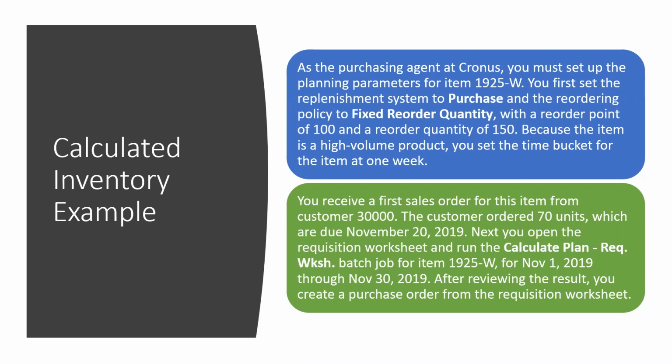One for this week, a second one for the second week, another purchase order for the third week, and so on. So time bucket is one concept of how to slice and dice the functionality to create specific documents on a timely basis. But the requisition worksheet also has a horizon. So I'm going to tell it to look for the entire month of November, all right? Many concepts, but I don't want to go in a very theoretical way, just understand a basic example.